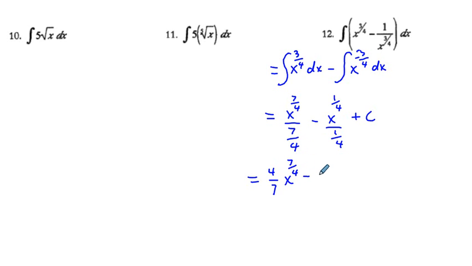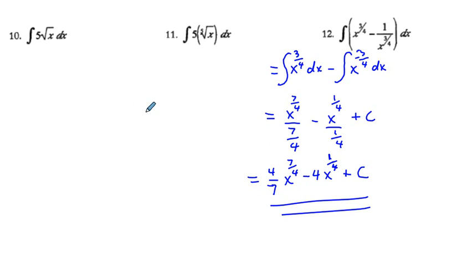We're dividing by 1/4, which is the same as multiplying by 4. So we have 4x to the 1/4 power plus, which we never want to forget, our constant of integration, c. So that's what that is.